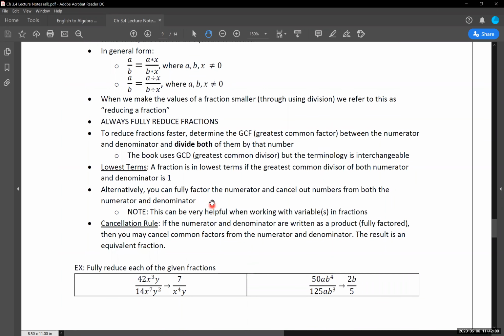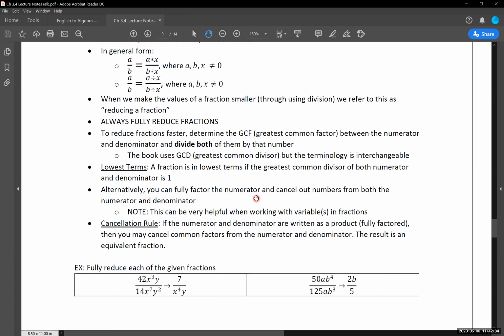The alternate version that you can go about with this, and I'm happy with whichever one you want to do. You can fully factor the numerator and denominator and then cancel out numbers from both the numerator and the denominator from there. So that would be the one where, as we went through earlier in the quarter, we found the prime factorization.